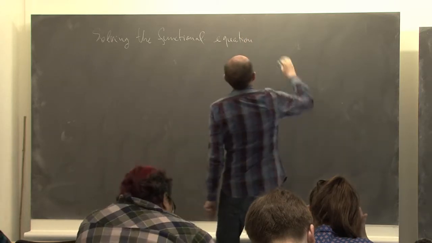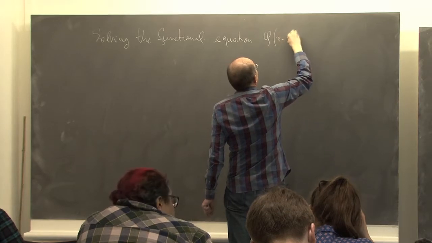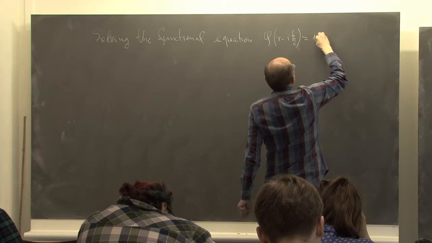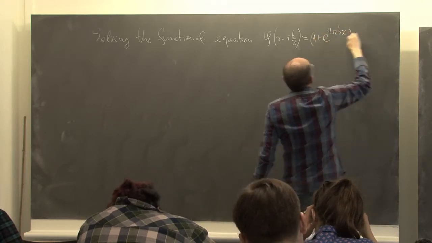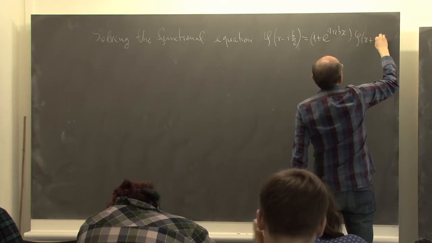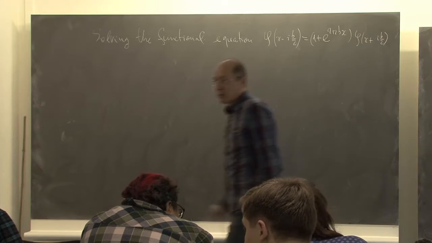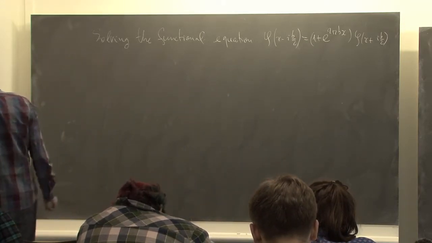I recall to you that it was phi of x minus ib over 2 equals 1 plus e to the 2 pi bx times phi of x plus ib over 2. So here there is no operator problem, just a problem of finding one single function of one single argument.